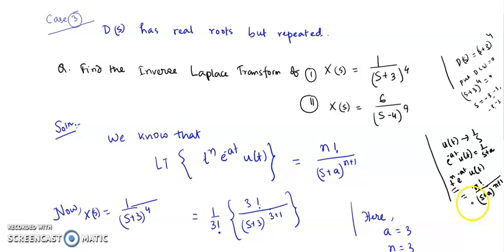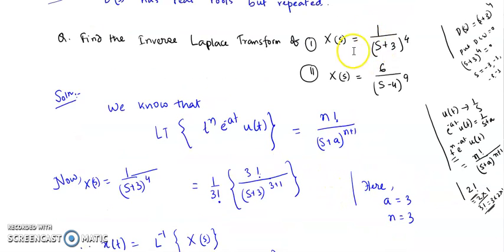Factorial of n, you already know: factorial of 2 is 2 into 1, factorial of 3 is 3 into 2 into 1. So this factorial calculation you already know, and you have to put it here.